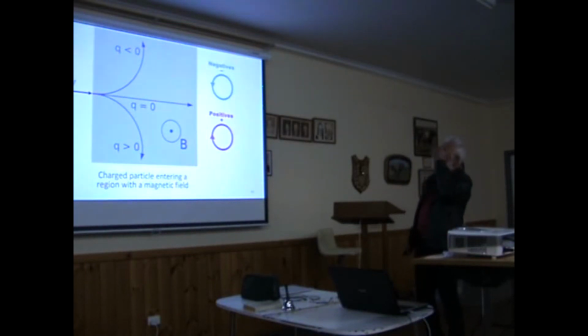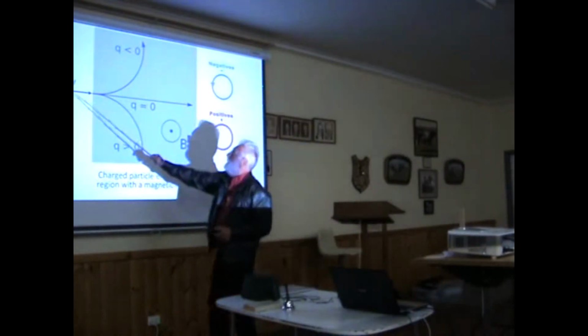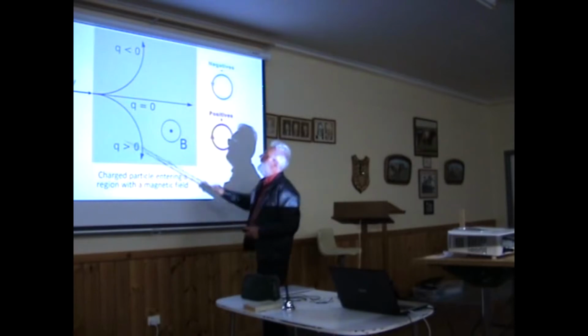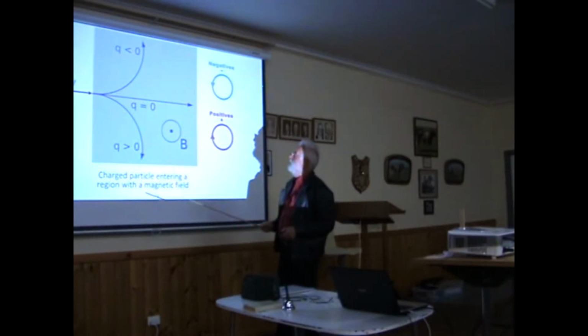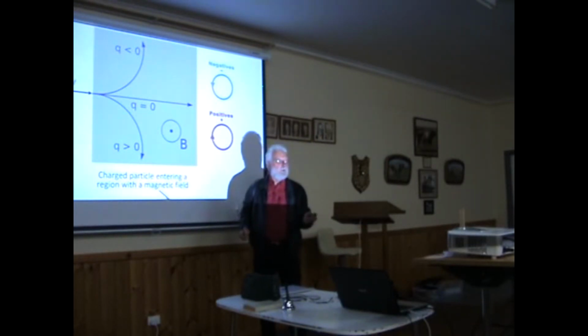So what's going on? Well, here's what happens at a fundamental level when you've got a charge, the little thing there, Q. This is a charge, it's moving, and it reaches this coloured area there where there's a magnetic field. The field lines are pointing towards you, but don't worry, they're not dangerous.